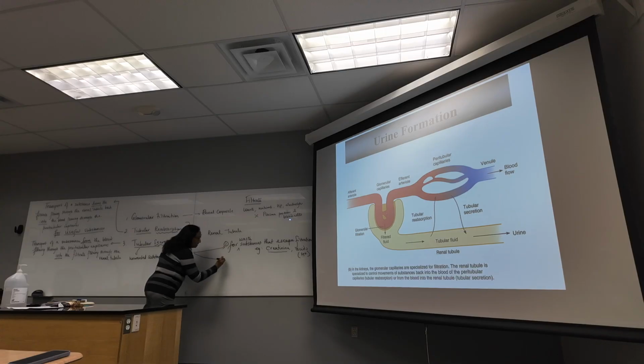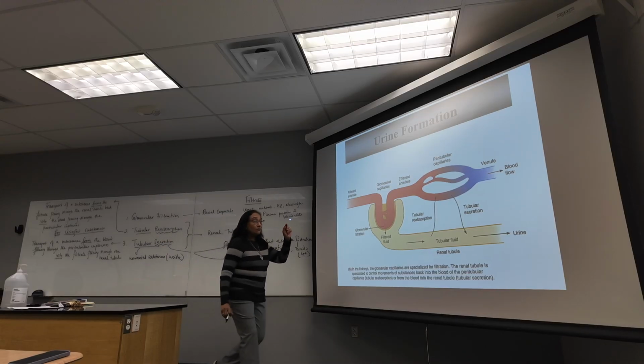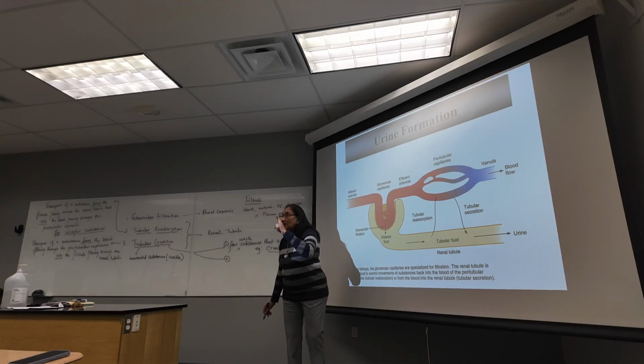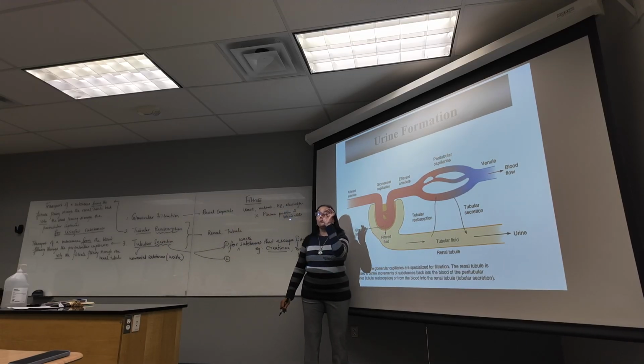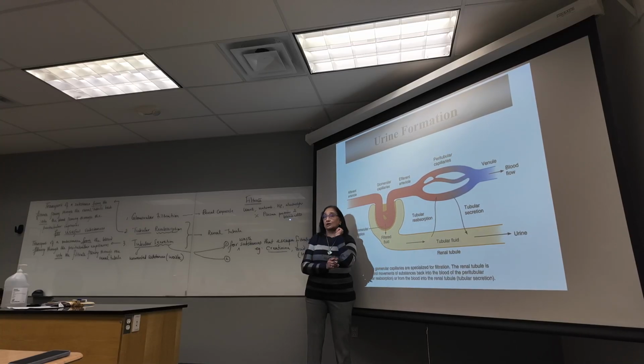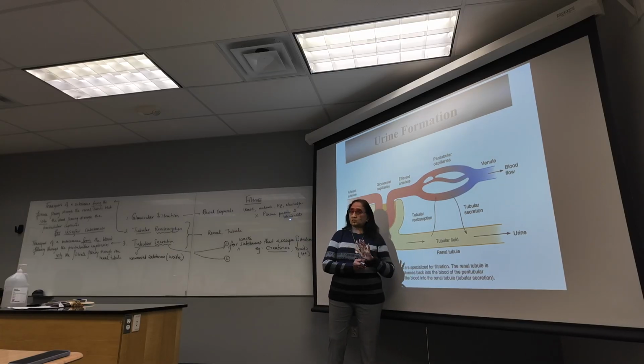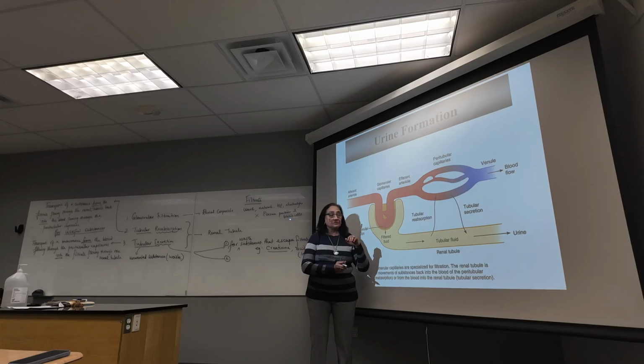Second reason for tubular secretion. Why do we need this? The second reason is, if the molecule that needs to be thrown out of your body is too big, if the size of the molecule is too big, it cannot come out through those tiny openings in the podocytes, it cannot filter out. So you need a mechanism to push them out. Okay, you need to throw it out. They can't stay in the blood.